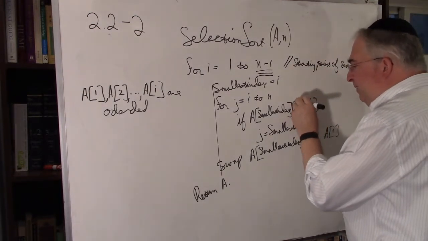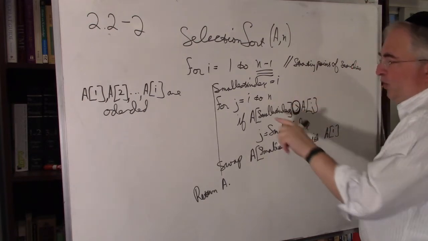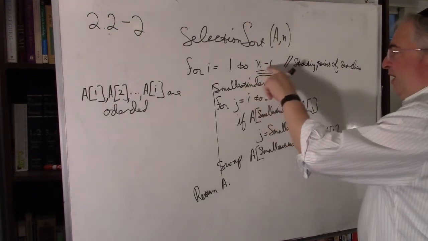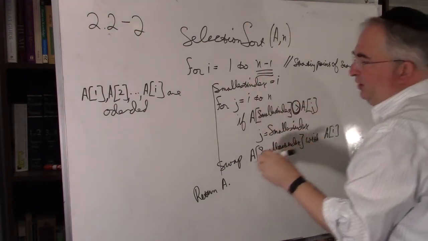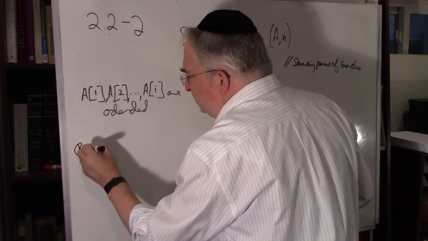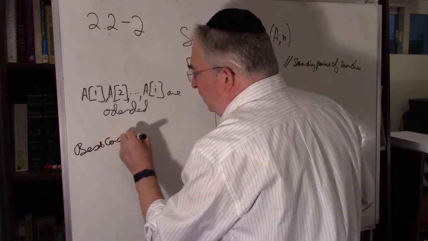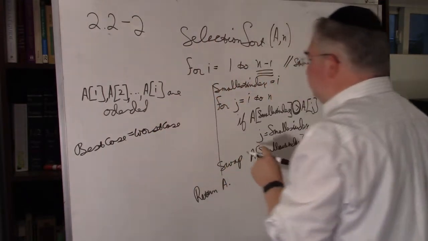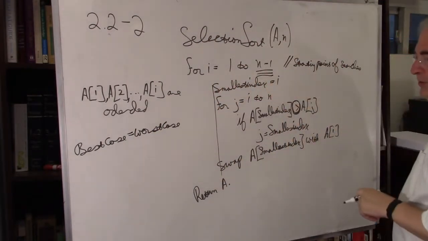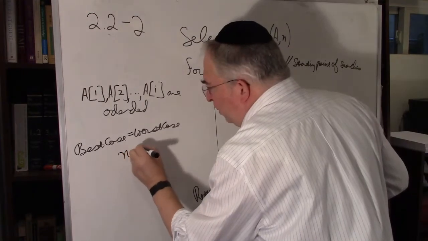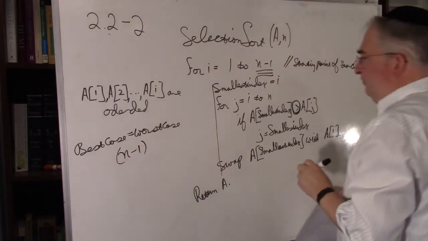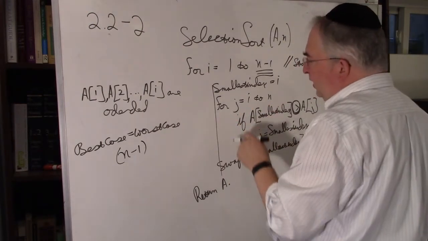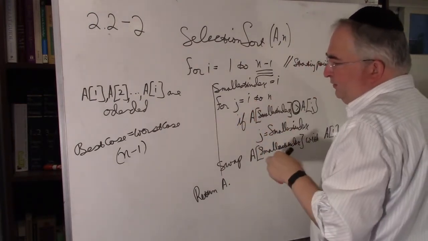If you're talking about comparisons, then no matter what, you're always going through these. So let's go through this. You have n minus 1 loops, and best case equals worst case. You're going through a loop n minus 1 times, and in each one of them you're doing from there to there.